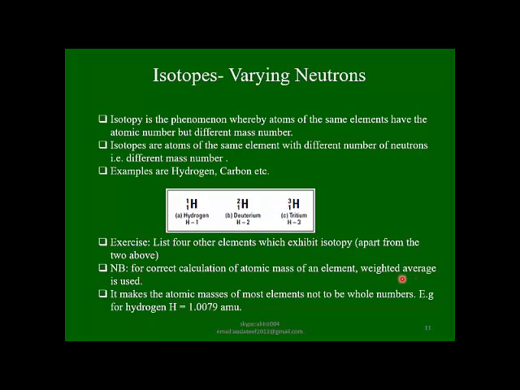The average that is calculated after considering the relative abundance of each of these constituents in nature, because they are not the same in nature. Some is very rare, maybe this one is very rare, maybe this one is the commonest one among the 3.